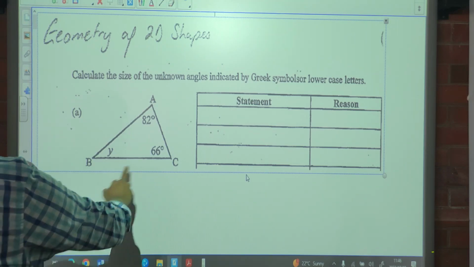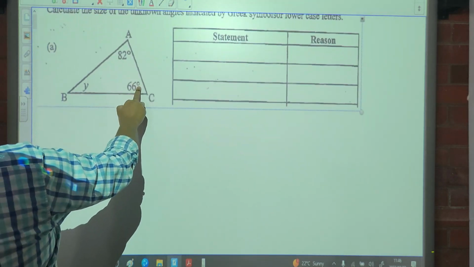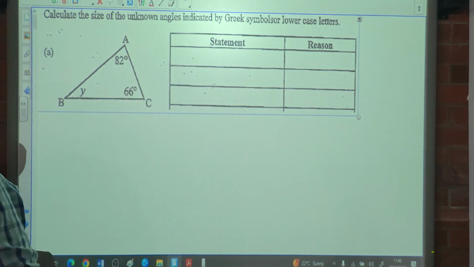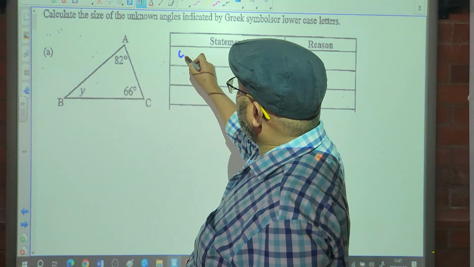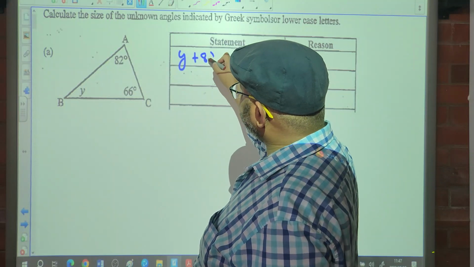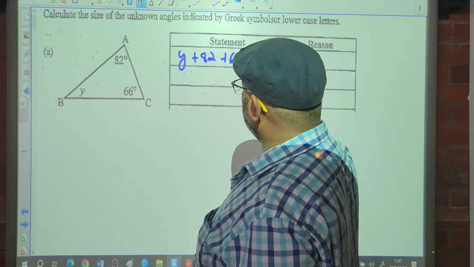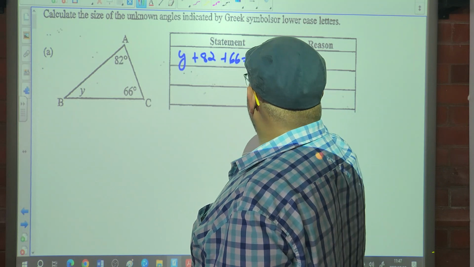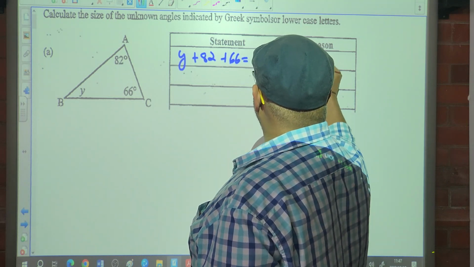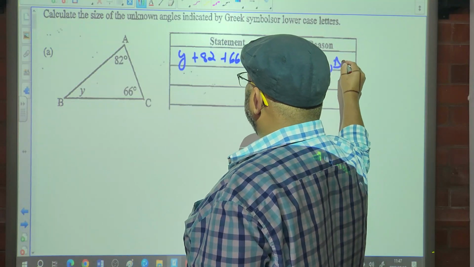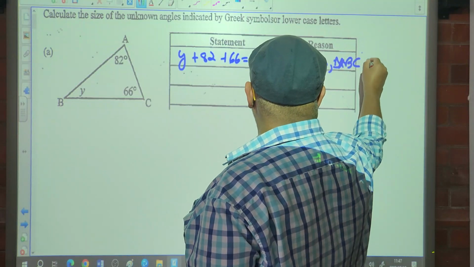So in the first case, how are we going to solve for y here? Sum of triangles. So what do we write here? y plus 66 equals 180. Why? Sum of triangles, and it's triangle ABC.